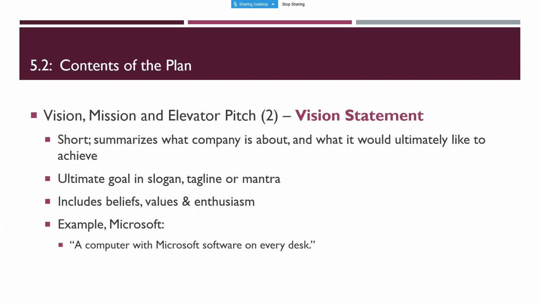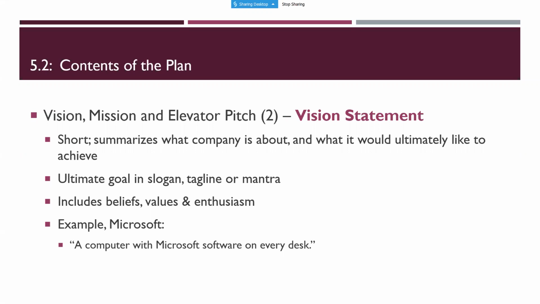So next item is presented, and this would start on the bottom of 68, top of 69. Talk about vision statement, mission statements, and elevator pitches. So specifically the vision statement, where do we want to go in the future? Microsoft had a good one.